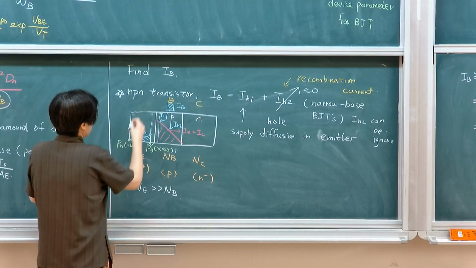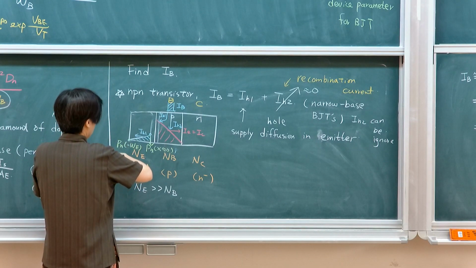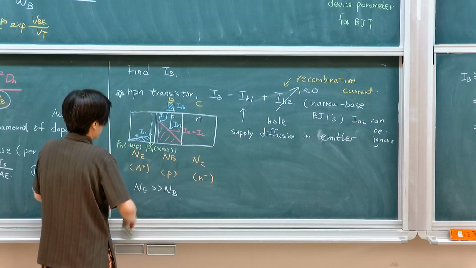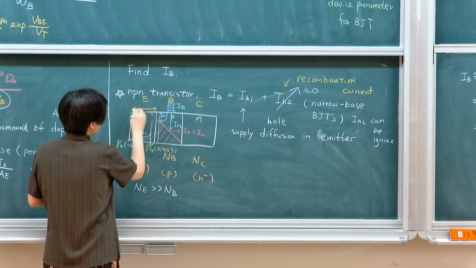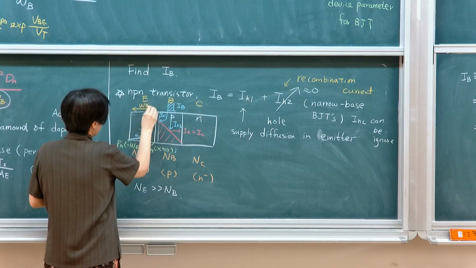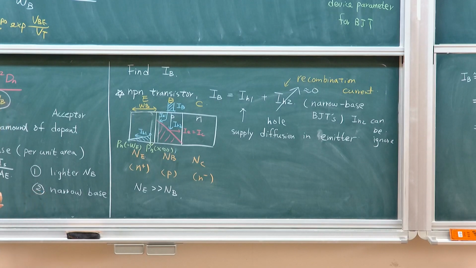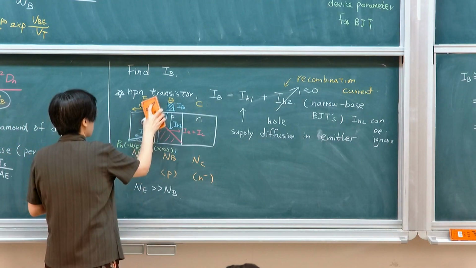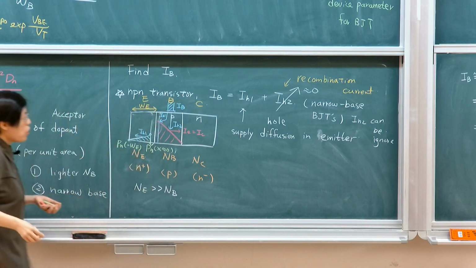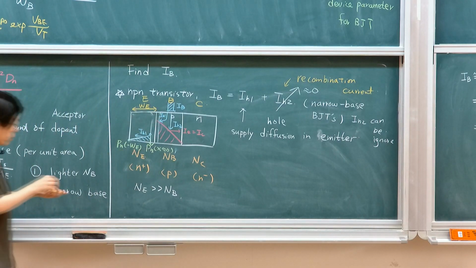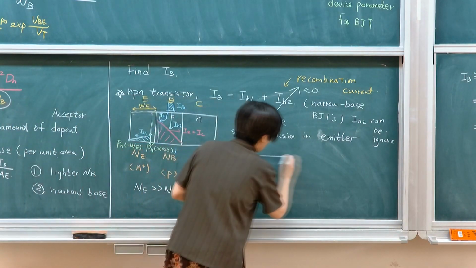Just make sure that it's not confusing. Emitter. So the distance from here to here is defined as WE. So at minus WE, emitter depth. If you go back to our structure, this will actually mean this.